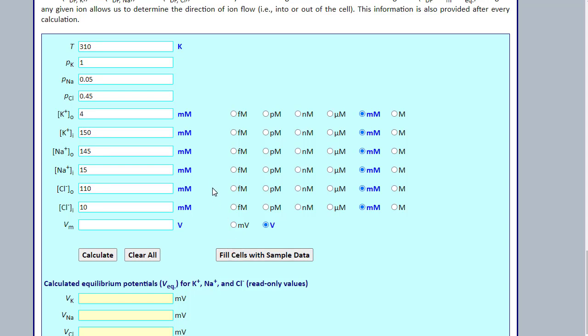I just click that. Of course, the temperature is 310 because that's normal temperature. The permeability values we're going to leave alone, but what we're going to do is switch to the numbers that we have. So for potassium extracellular, we're going to go with 5. And we're going to go with 140.